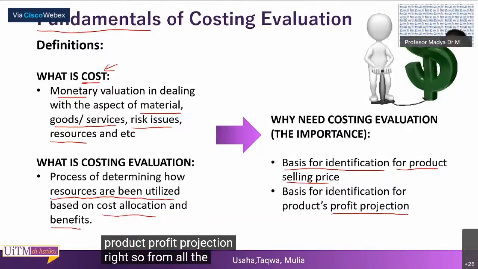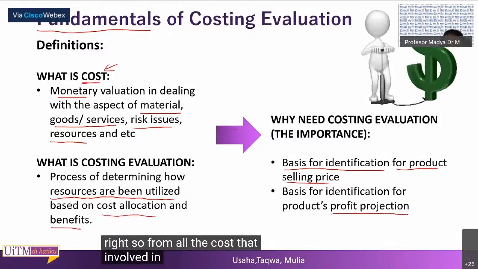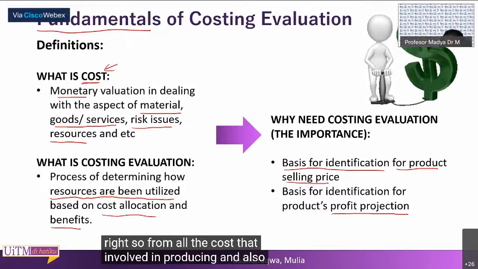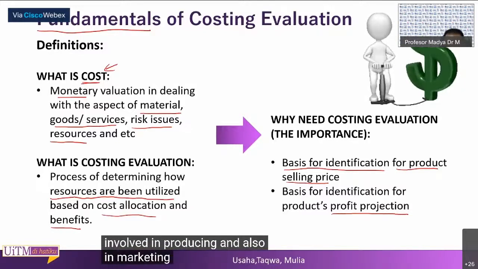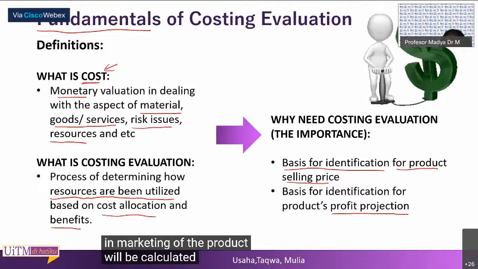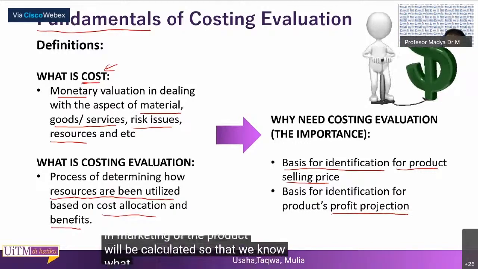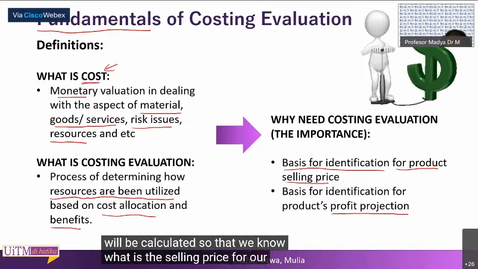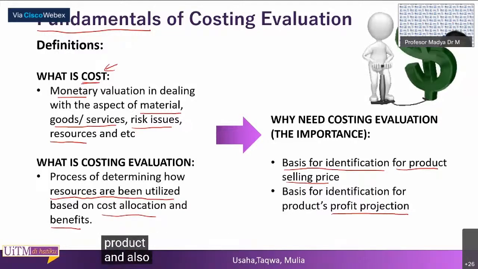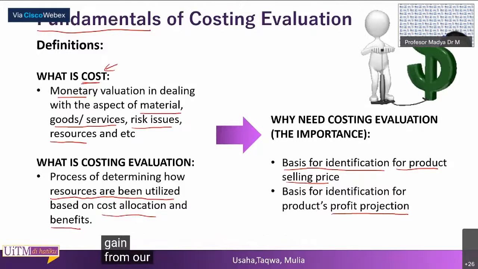So all the costs that are involved in producing and also in marketing of the product will be calculated so that we know what is the selling price for our product and also how much profit we can gain from our product.